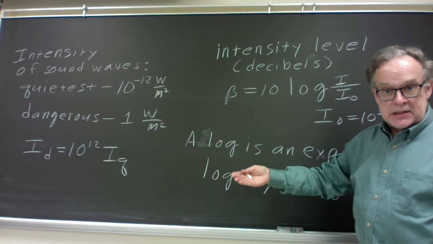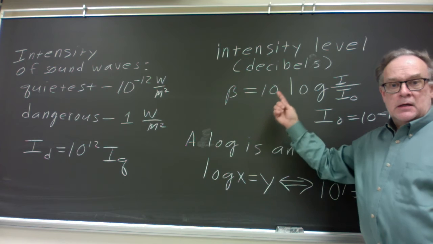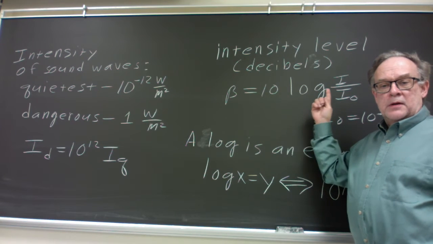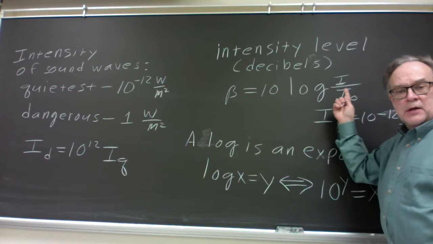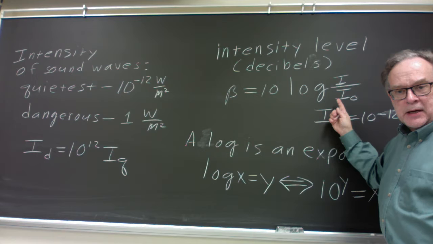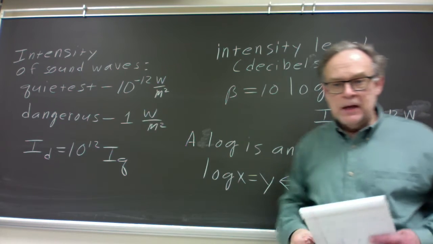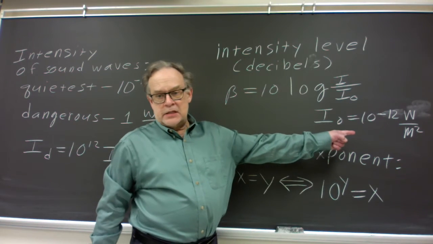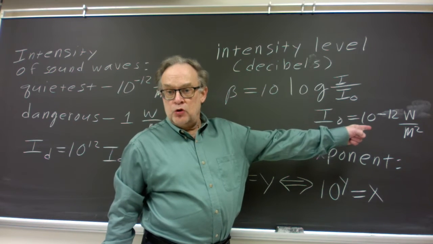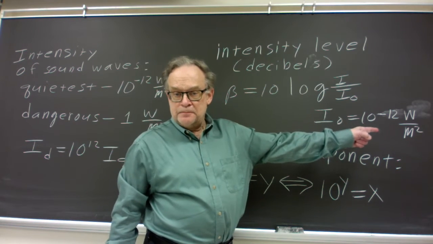The prefix deci means 10. 10 times the logarithm of this ratio: the intensity that we're interested in divided by some kind of baseline intensity, and the baseline intensity is simply the quietest intensity that a normal human ear could hear.